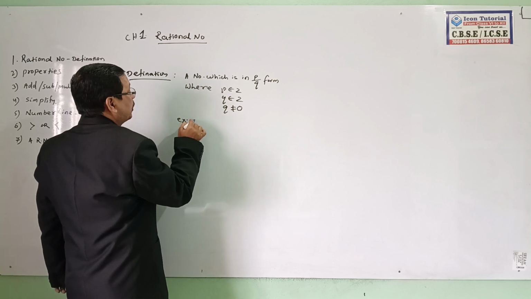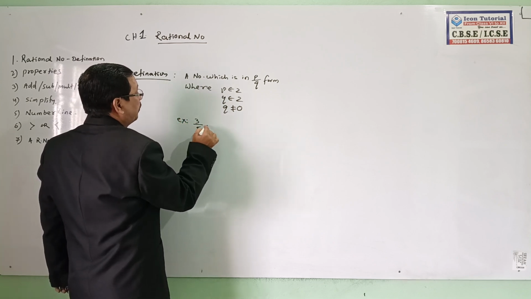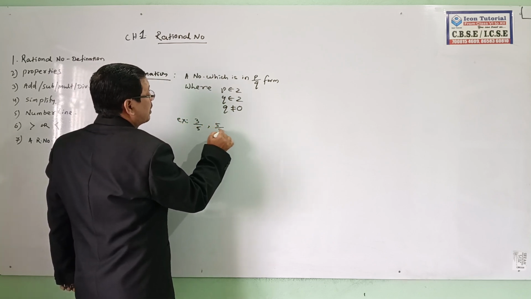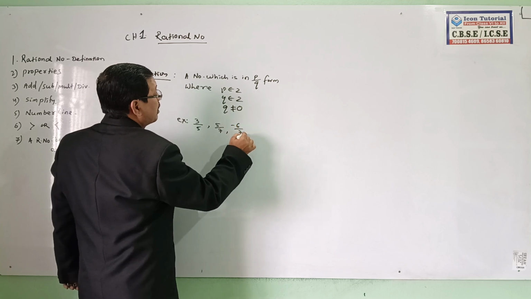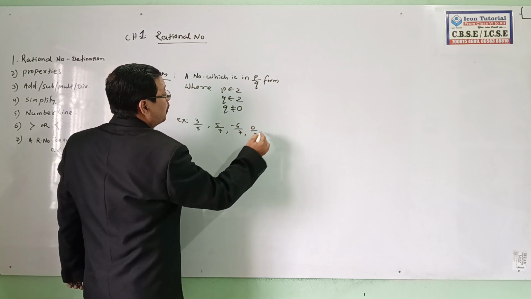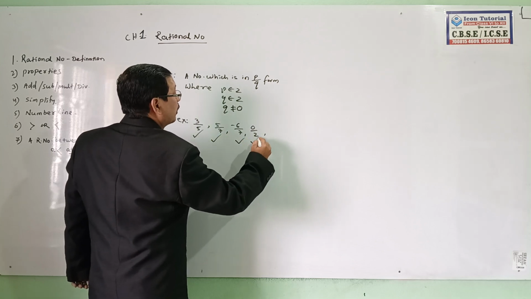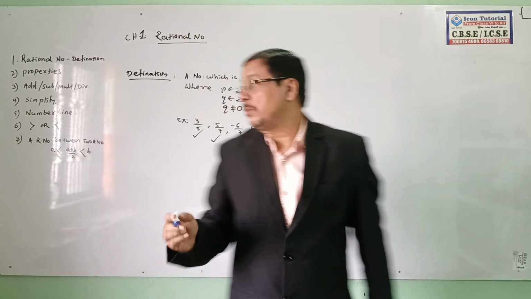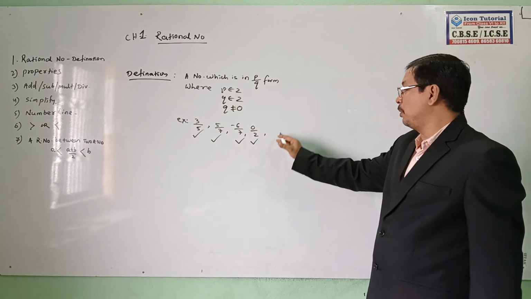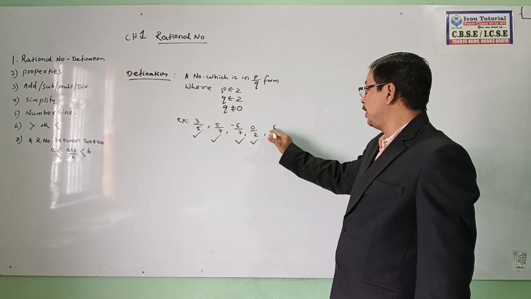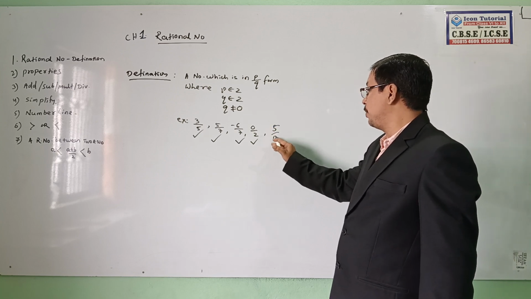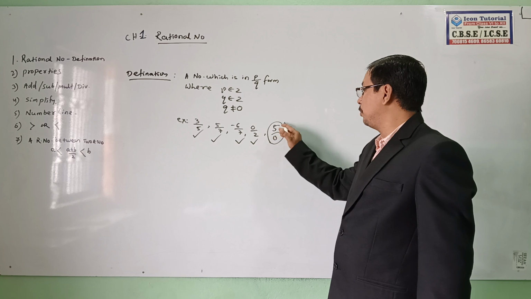Examples: 3 by 5, 5 by 6, minus 6 by 7, 0 by 2 are rational numbers, but 5 by 0 is not a rational number.